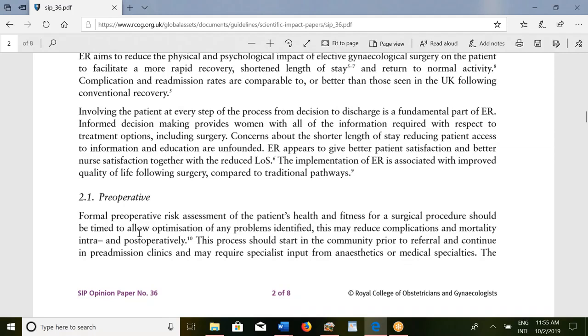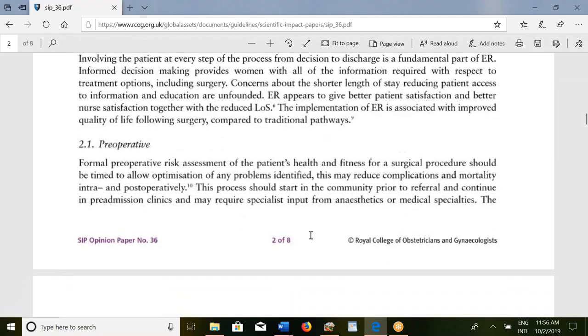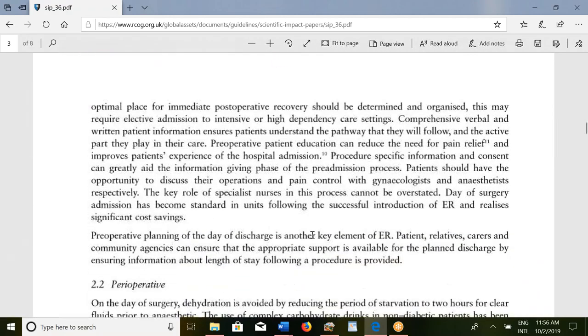There should be time to allow optimization of any problems identified, so that you can reduce the complications and mortality intra and post operatively. So it will start in the community before referral to the hospital because maybe someone is a diabetic, has some medical conditions. So all of these should be addressed so that patient is fully fit to undergo surgery.